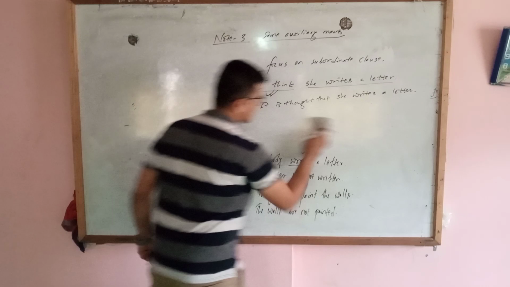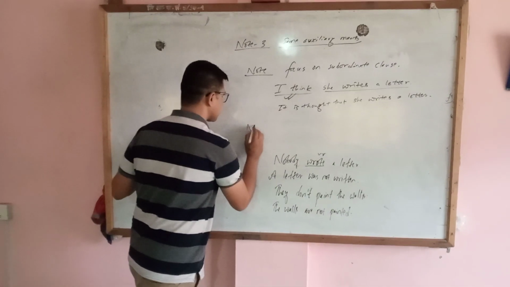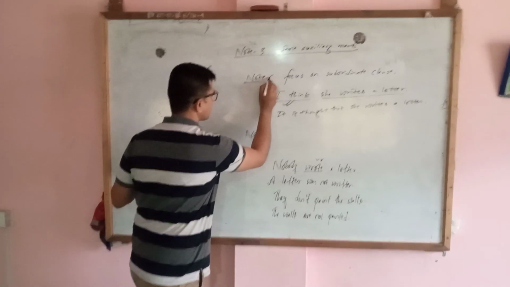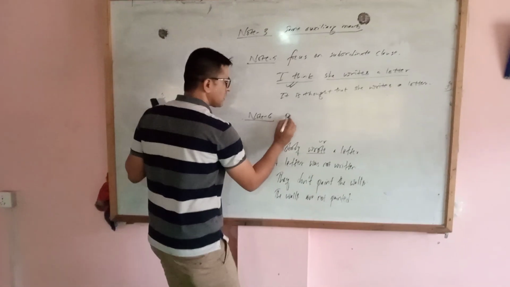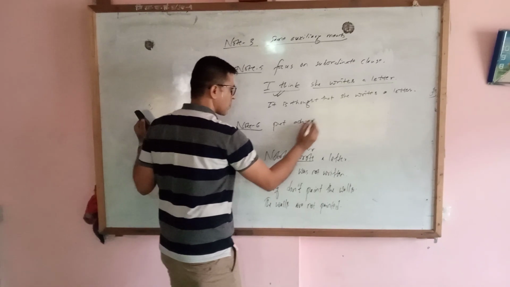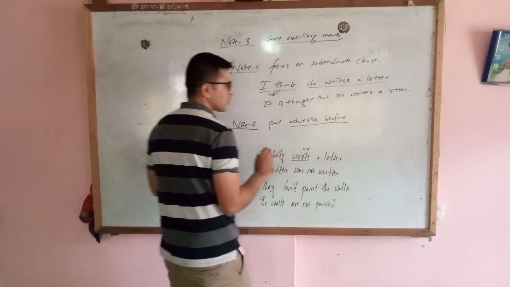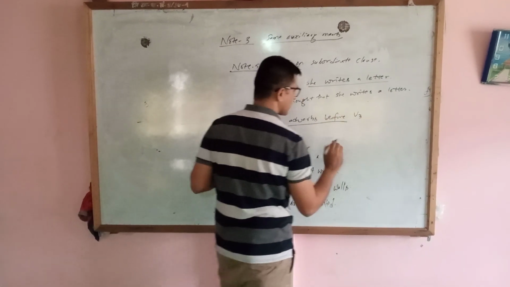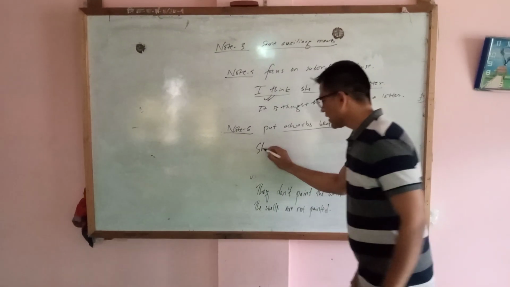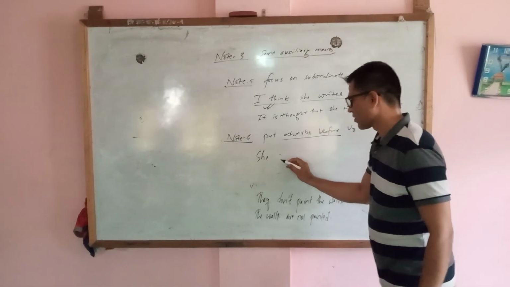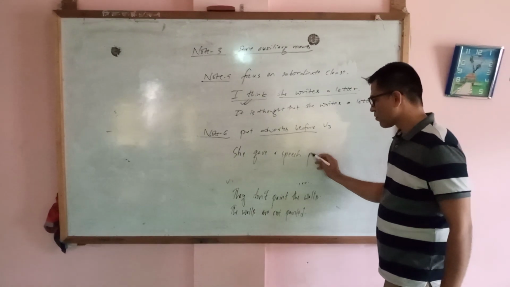And sometimes what happens? Note number 5, note number 6. Put adverbs before B3. This is also one way. For example, C gave a speech politely.